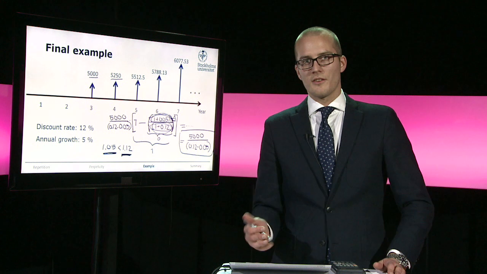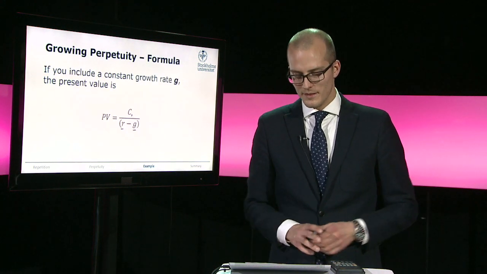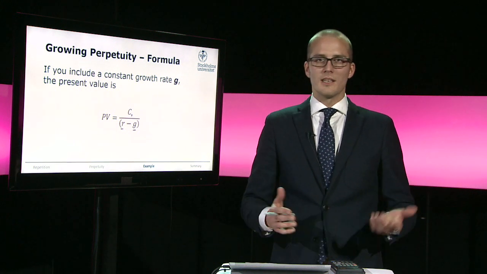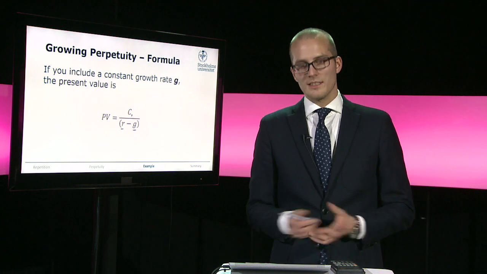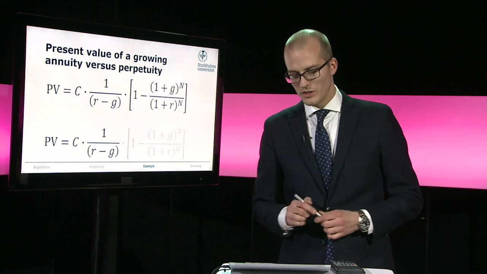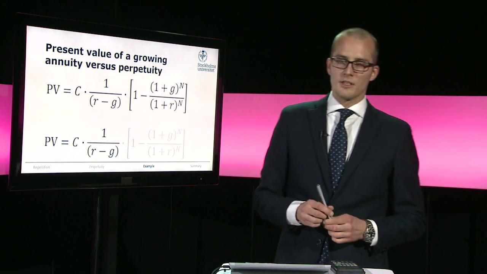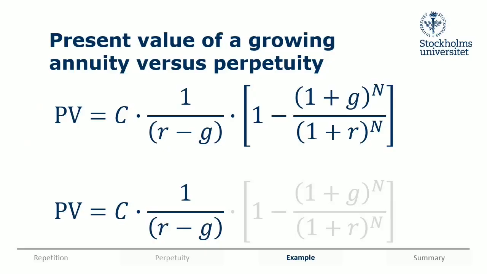That is definitely not something you need to focus on, but remember this formula and try to understand at least somewhat why it looks like it does. So if we compare to the present value of a growing annuity formula, this is the case. You just get rid of this part due to the reason I tried to explain earlier, and you're left with this part here.